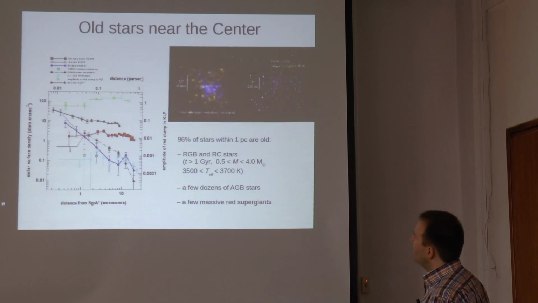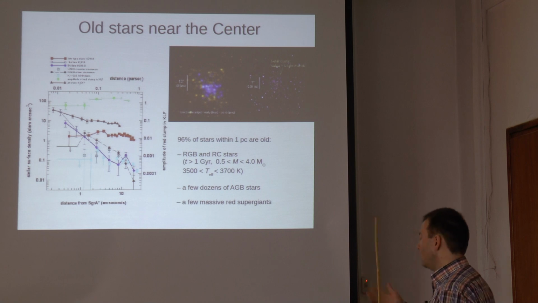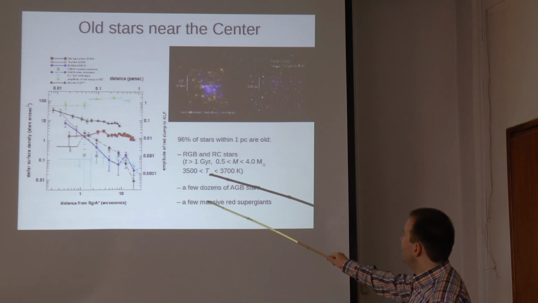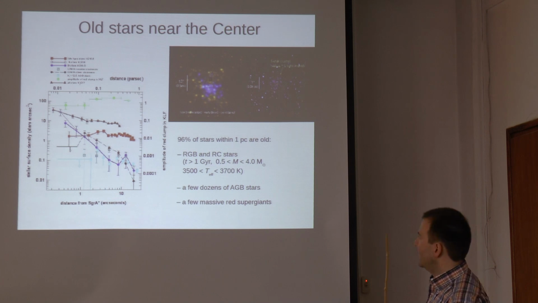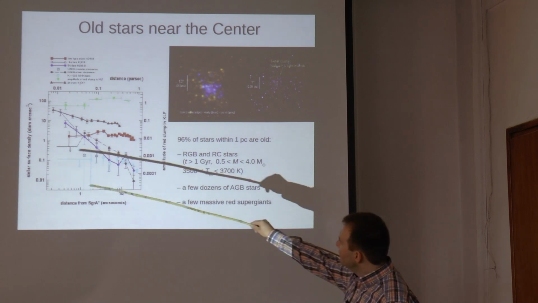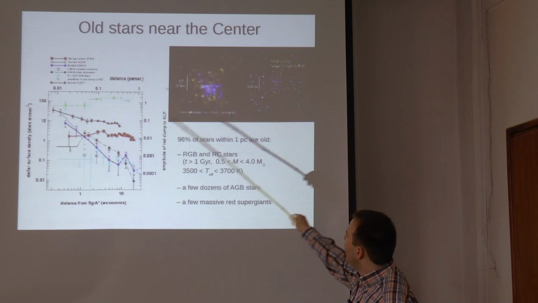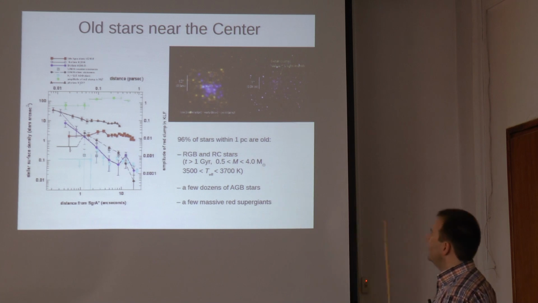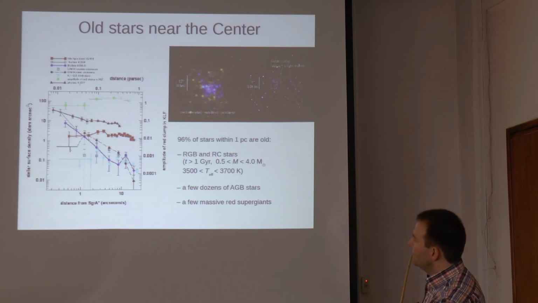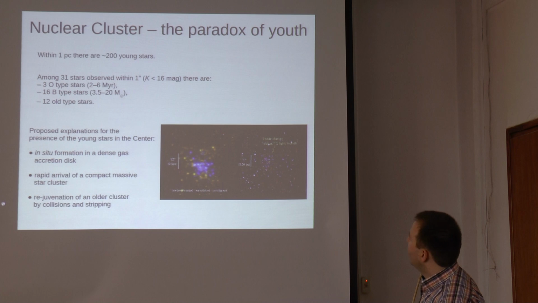But right now, what we know about the galactic center is that generally the area is old, so the stars are of a few giga years, and they are usually red giants, so they are cool stars like AGB stars or red supergiants. But closer to the galactic center, there are more and more blue young stars, and you can also see here that closer to the galactic plane you have a cluster of young stars, and this cluster is called the nuclear cluster.